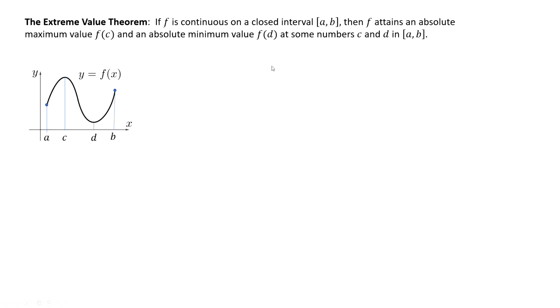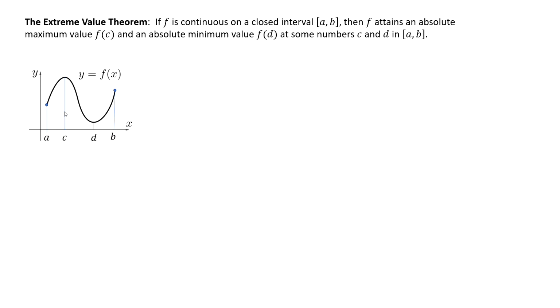Otherwise, we would have to make it a parenthesis to the left of a, because a is not included. In this case, that doesn't cut it. The function must be continuous even at the endpoints a and b. Okay, and then f attains a maximum value f of c and a minimum value f of d at some numbers c and d in the closed interval [a, b]. That's what this theorem is guaranteeing.